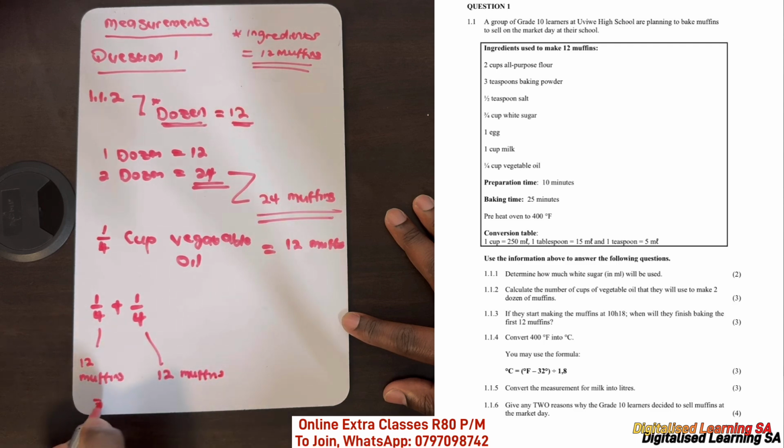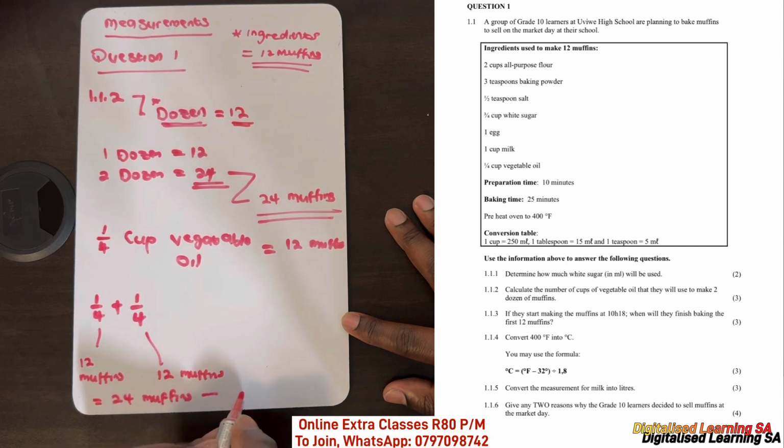In total we'll have 24 muffins. And 24 muffins is equal to 2 dozen, because 1 dozen is 12, so 2 dozen is 12 plus 12, which is 24.